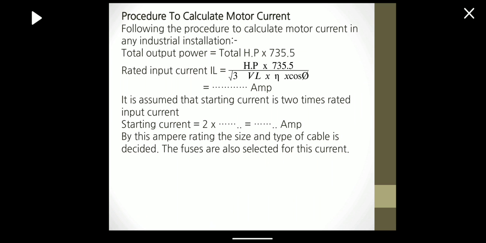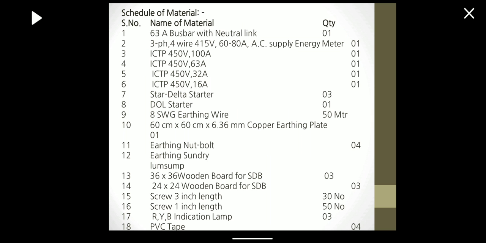So starting current is equal to 2 into rated input current. By this ampere rating, the size and type of cable is decided. The fuses are also selected for this current.